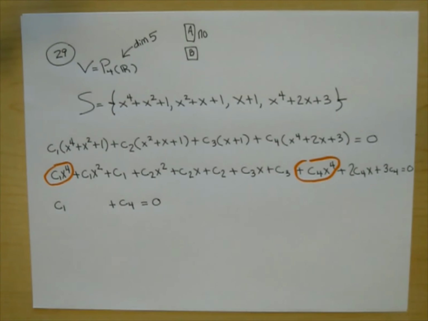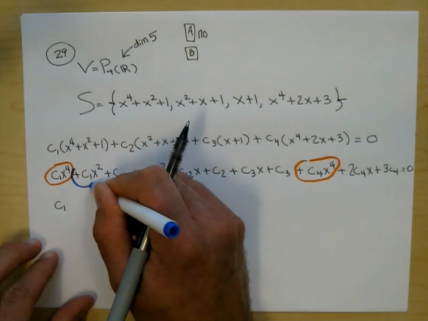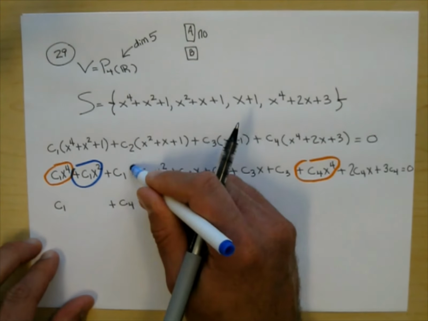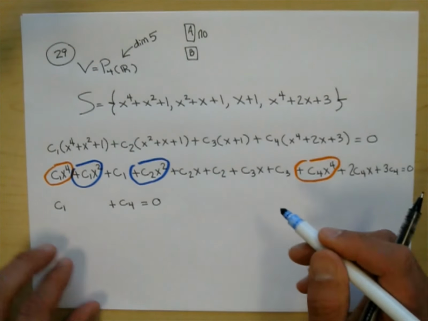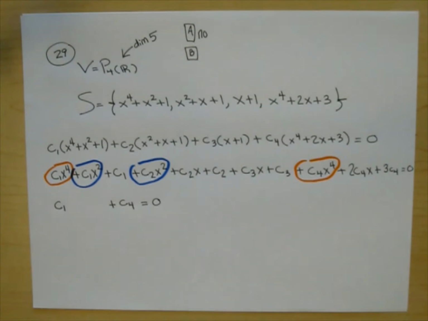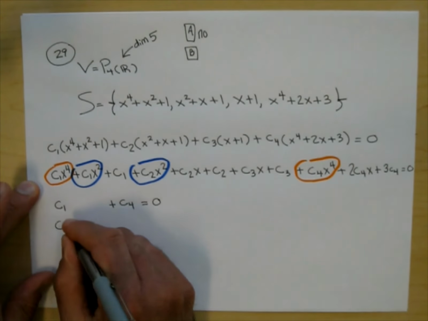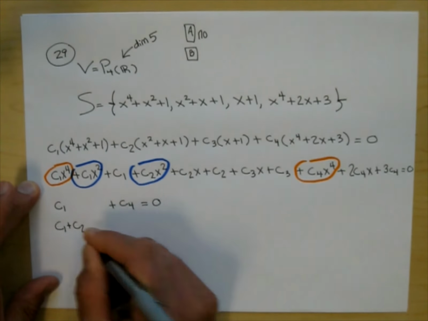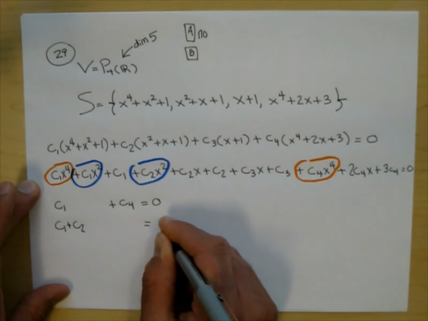I'll circle all the terms that have x cubed in them. There are no terms that have x cubed in them. Now I'll circle all the terms that have x squared in them. That one right there, that one there. Any other x squareds? No, so this one says C1 plus C2 equals 0.